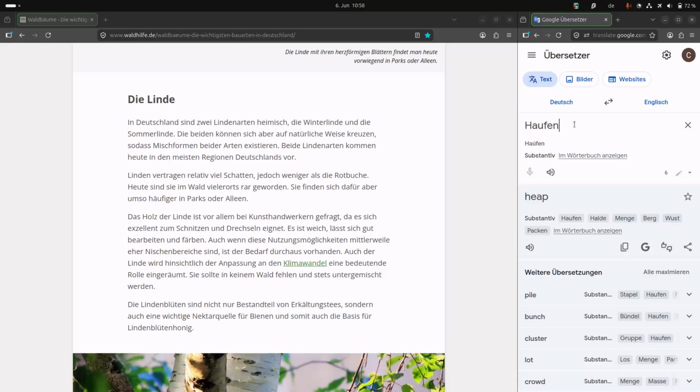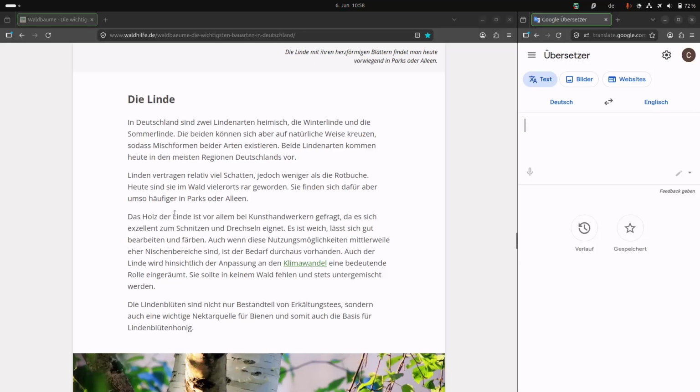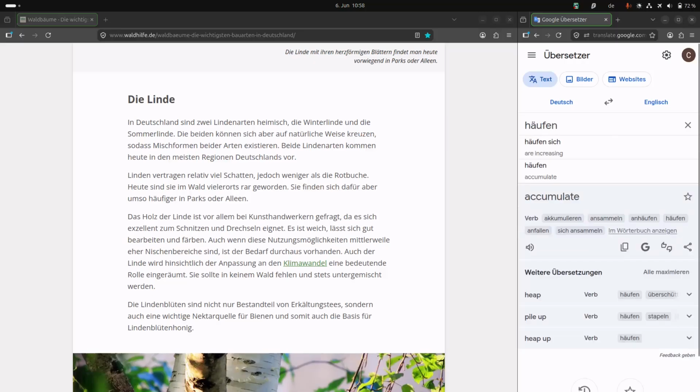So Haufen, which means a heap, a pile of something, and häufiger, I think then derives from the word häufen, which is accumulate something, heap up, pile up.